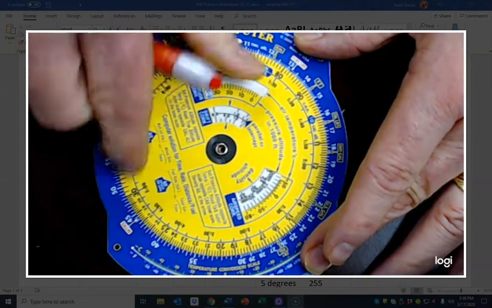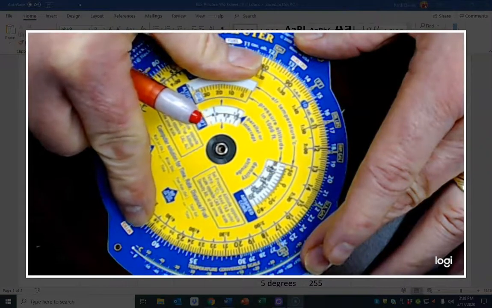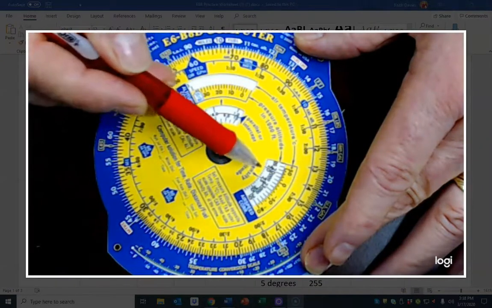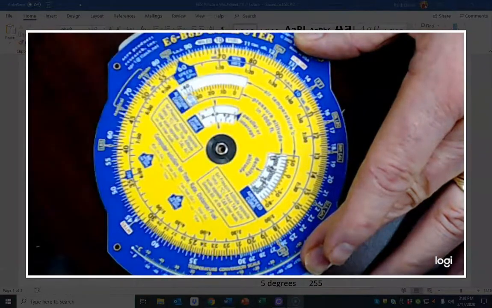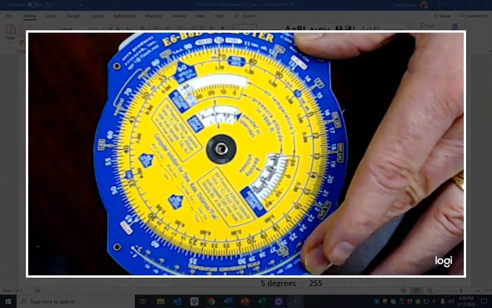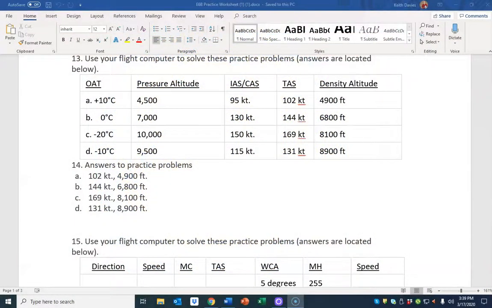The inside scale is what you would read for your altitude. So say, for example, let's see what our example problem was. All right, I've got a temperature of 10 degrees outside and a pressure altitude of 4,500. What is my density altitude, or what altitude is the airplane really seeing? Okay, so let's figure that out.